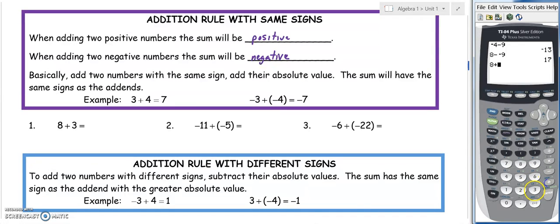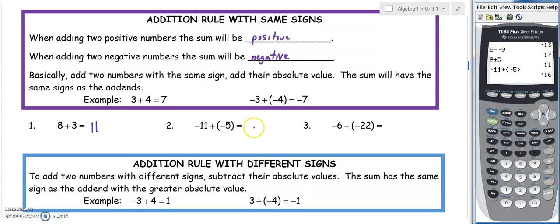So 8 plus 3, both are positive, equals a positive 11. Number 2, -11 plus -5. So we need the negative sign, 11 plus, now because this -5 is in parentheses, we're just going to use the parentheses still. So open parenthesis, -5, close parenthesis, enter.